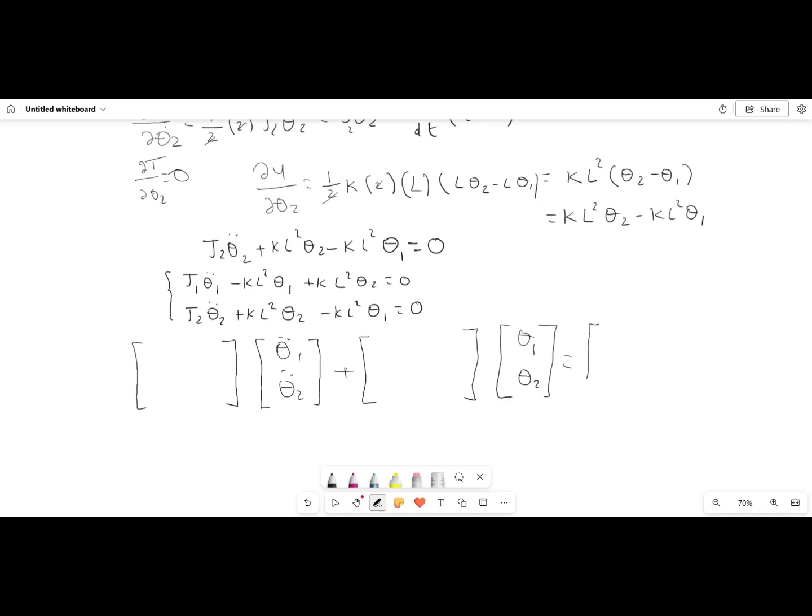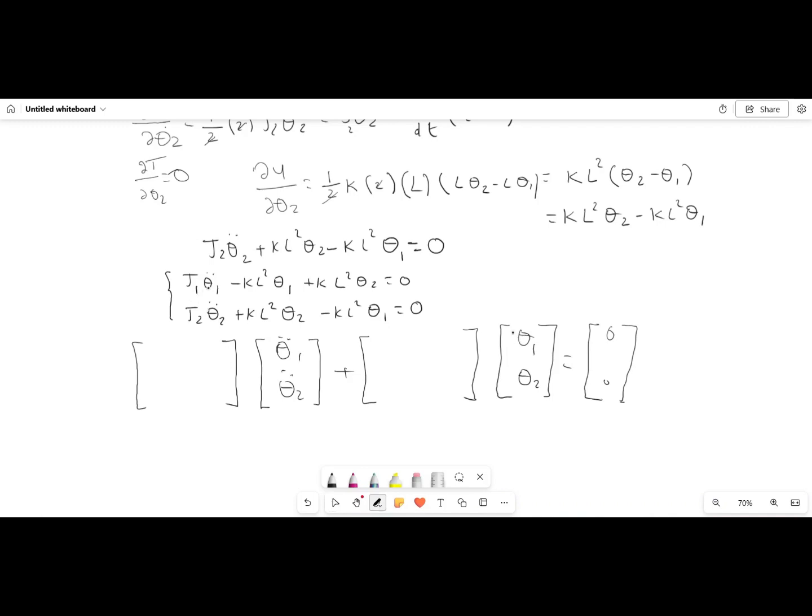Everything to be equal to the matrix of 0 and 0. Now, how do we fill the matrix? It is very easy here. Remember, like I explained last time, theta 1 multiplies what is here, theta 2 multiplies what is here.